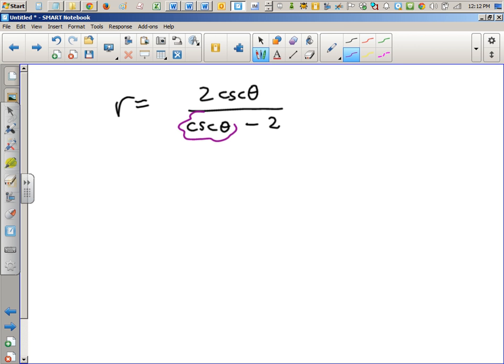I told you that this was supposed to be a 1. How would you make it a 1? What would you multiply it by? Sine. Correct. Multiply everything by sine theta, and you're off and running. This would just become 2 over 1 minus 2 sine theta. There you go. That's better.